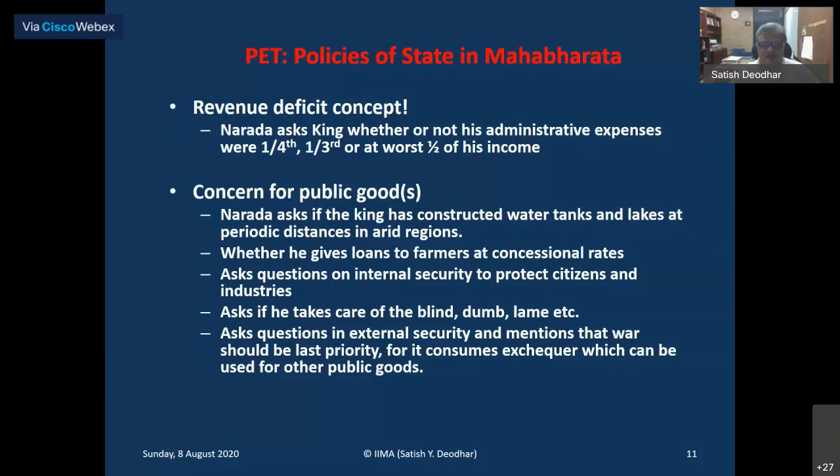He asks questions on external security, and try to understand this. He mentions that war should be the last priority, for it consumes the exchequer, which can be used for other public goods. And today, isn't the same thing being done by the government of India? We are trying to make sure that we avoid war with China because it's very expensive.